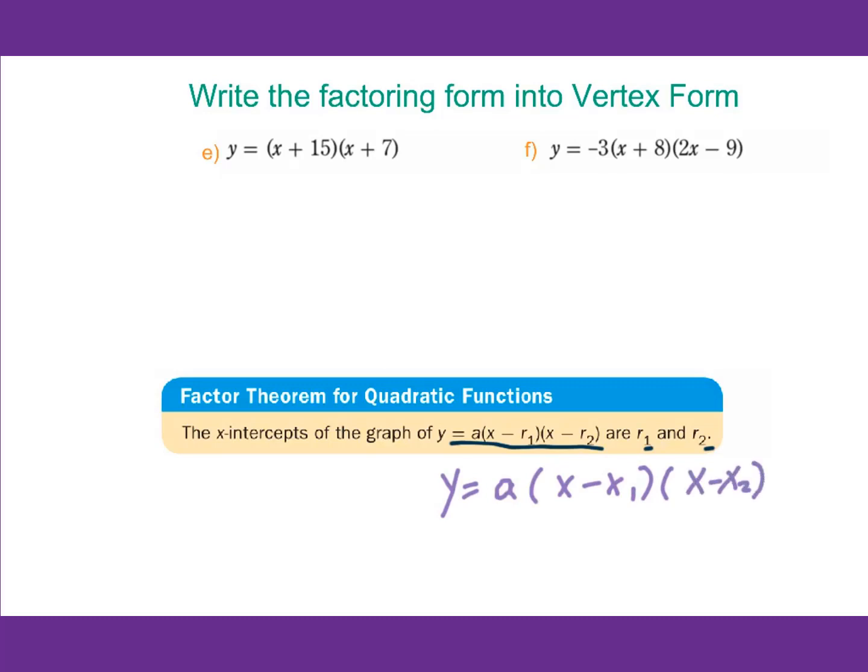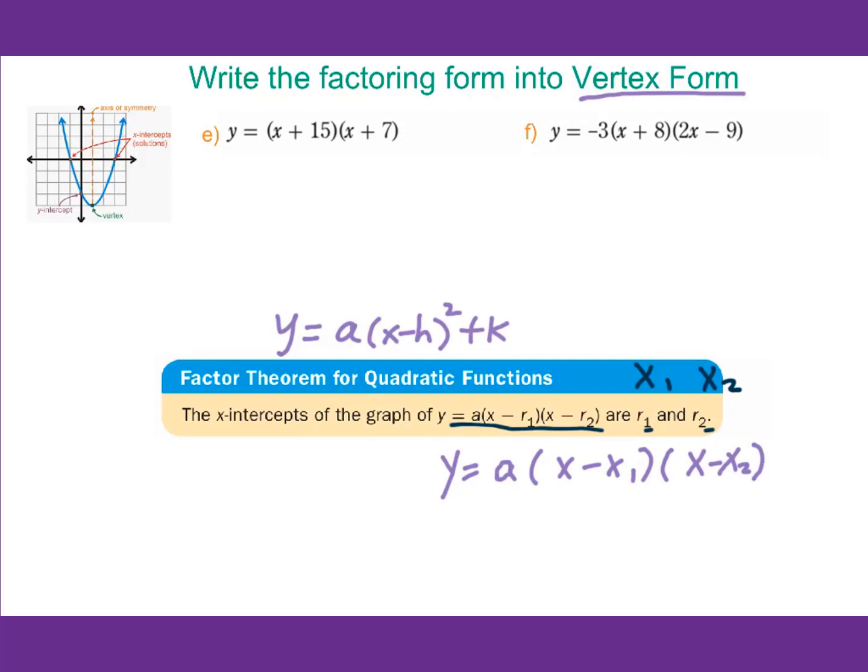So the roots will be x1 and x2. We want to change factoring form into vertex form. Vertex form, that's y equals a times x minus h squared plus k.